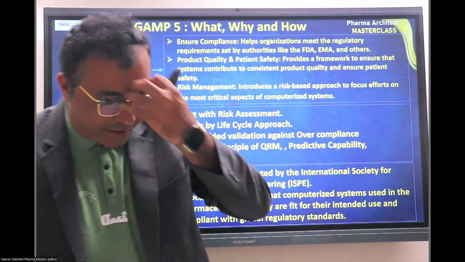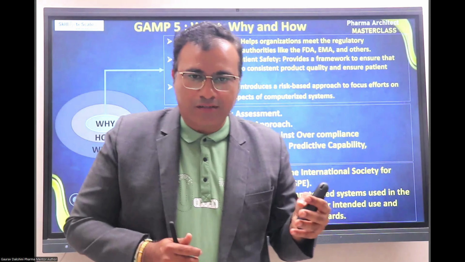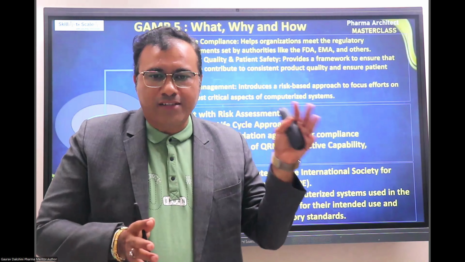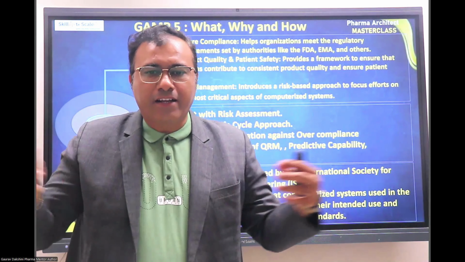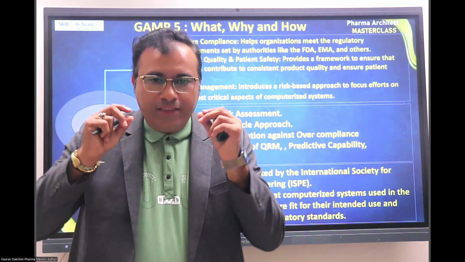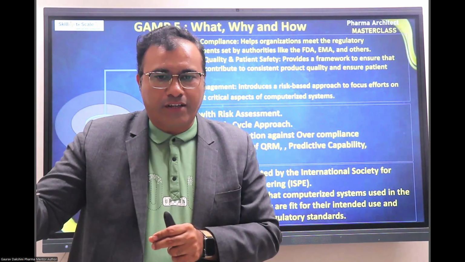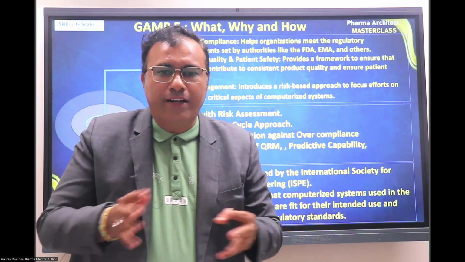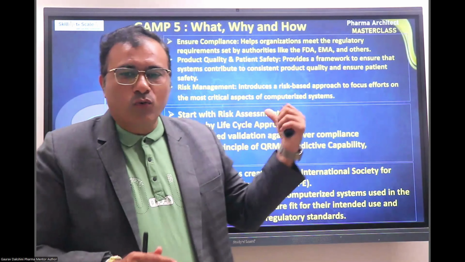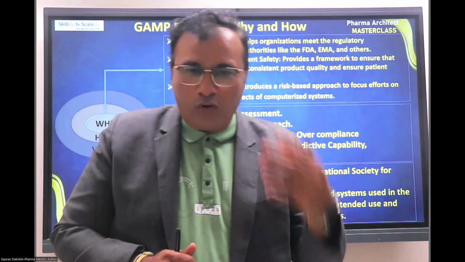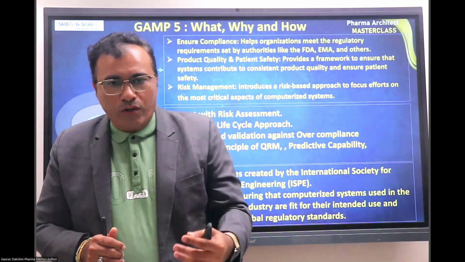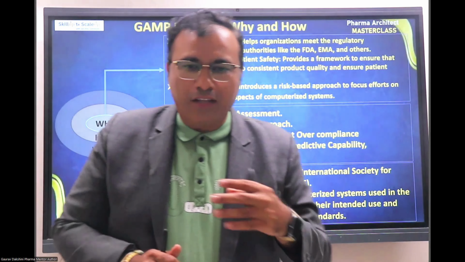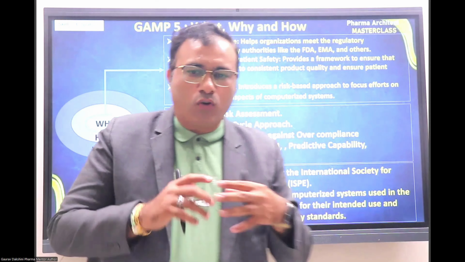Whether you take the data of digital manometers, the BMS, the EMS, or LIMS data, or, let's say, ERP data, any data that you are electronically collecting and then utilizing for your batch manufacturing or batch packaging and showing to the auditor, they will go for this kind of scrutiny: whether you are following those guidelines, whether you are following 21 CFR Part 11, whether you have audit trails, whether you have username and password complexity.